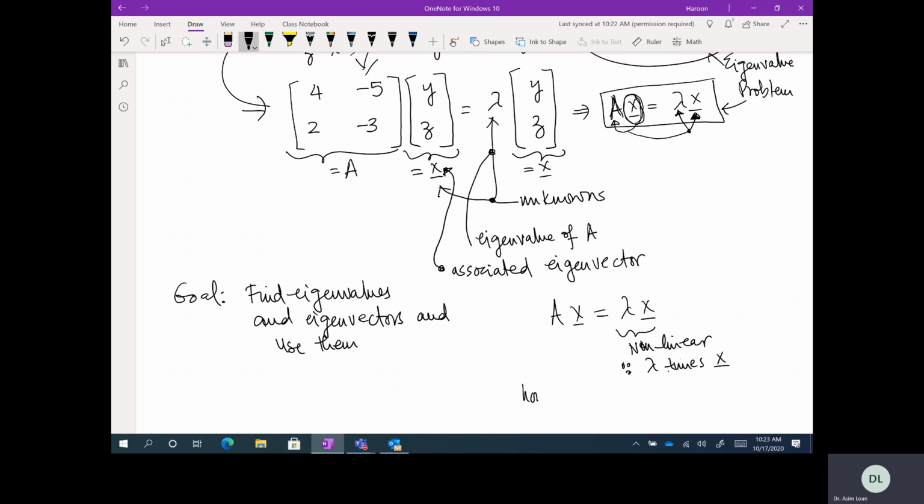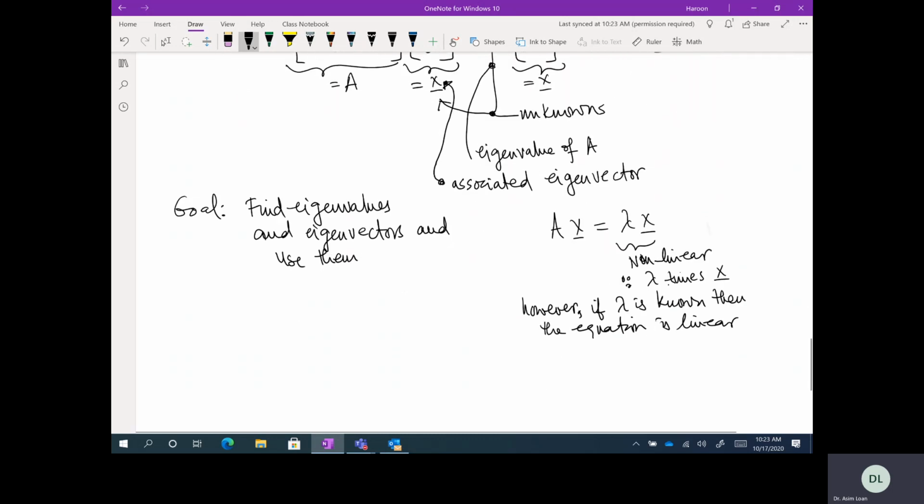However, if somehow we can find lambda, if lambda is known, then the equation is linear.